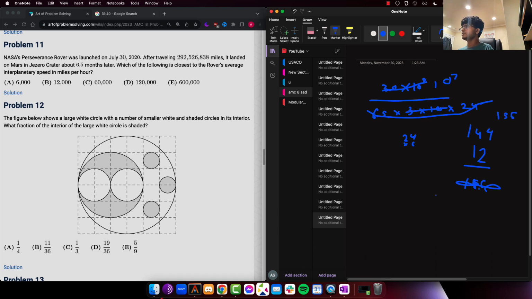And 156 is 1.56 times 10 to the 2, so 10 to the 5 over 1.56. So it's something times 10 to the 4. It's like a little bit above half times 10 to the 4. Six times 10 to the 3, no, it should be 6 times, so it's C.